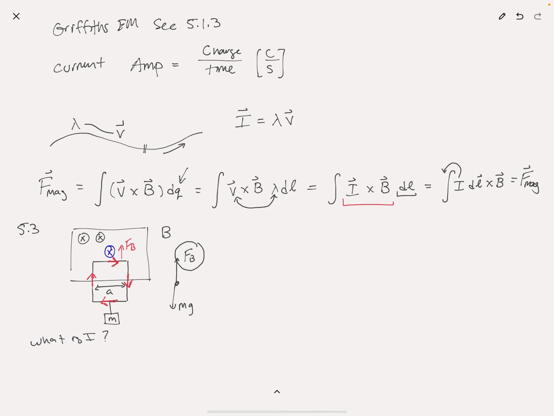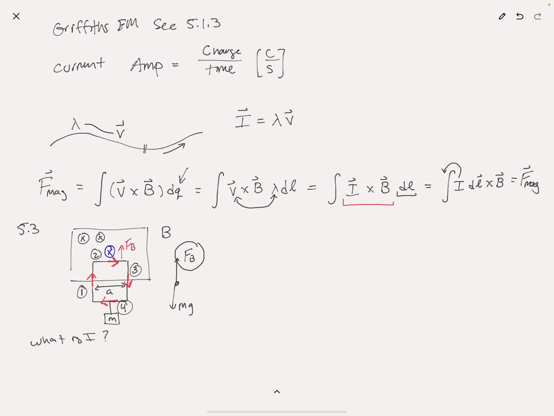I'm going to integrate over this whole loop because I should. So I'll call this piece 1, 2, 3, and 4.